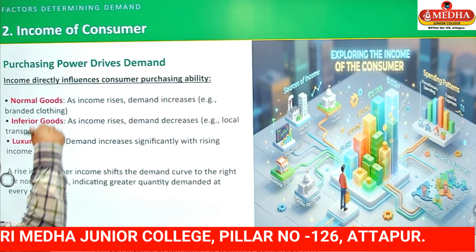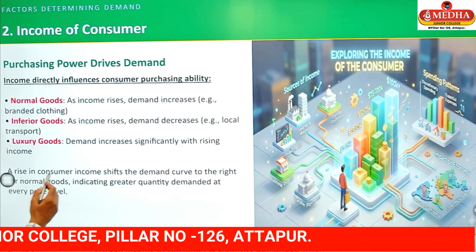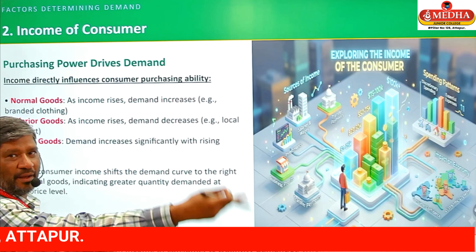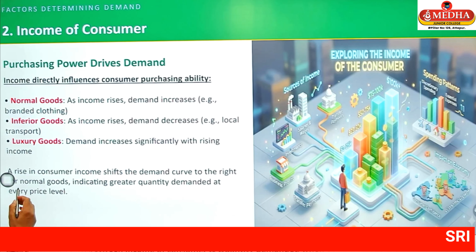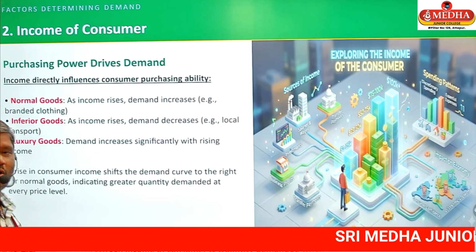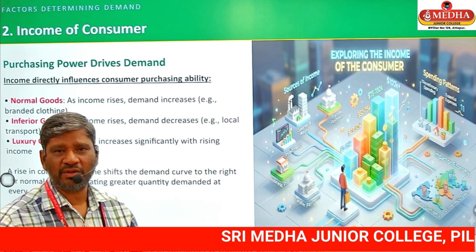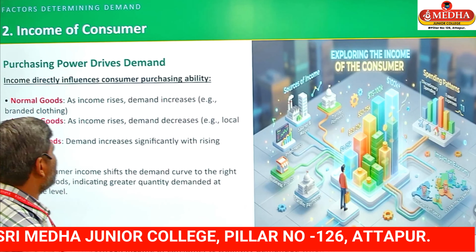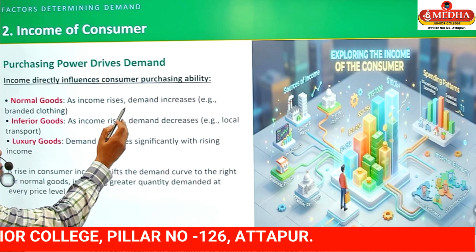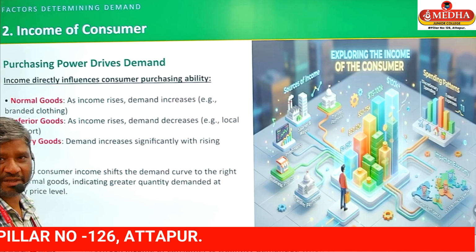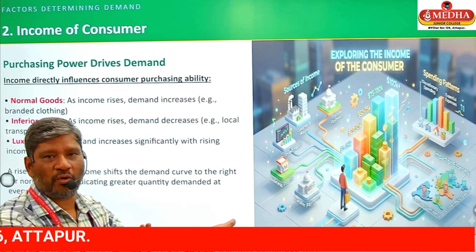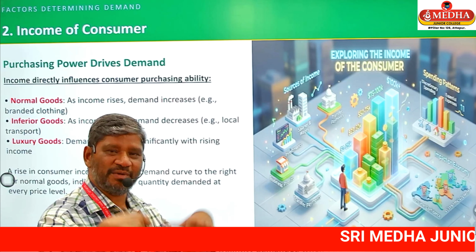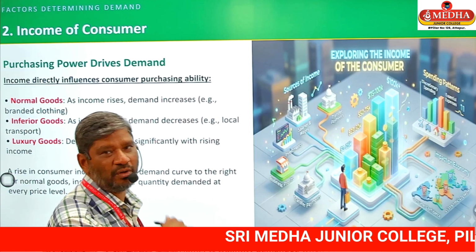So if the income is more, a rise in consumer's income shifts the demand curve to the right for normal goods. What are normal goods? The goods which we use in our daily life. What happens here in normal goods? Income rises, demand also increases. If our father's income is more, quantity demand will be more. If father's income is less, quantity demand will also be less.